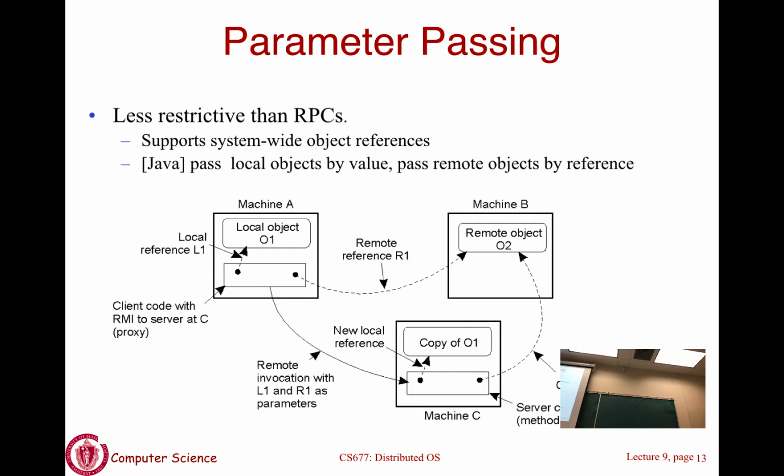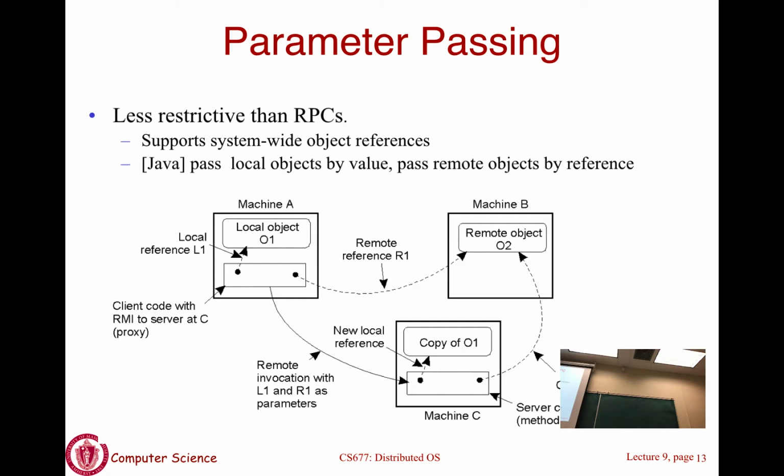If you dereference it on another machine, you are going to look up that same address on that machine, which is not going to be meaningful. So Java has similar restrictions, but it does have more flexibility than that. Java allows you to do pass by reference in certain cases, not always. By default, it will still do pass by value, but in some cases, it will actually pass by reference.